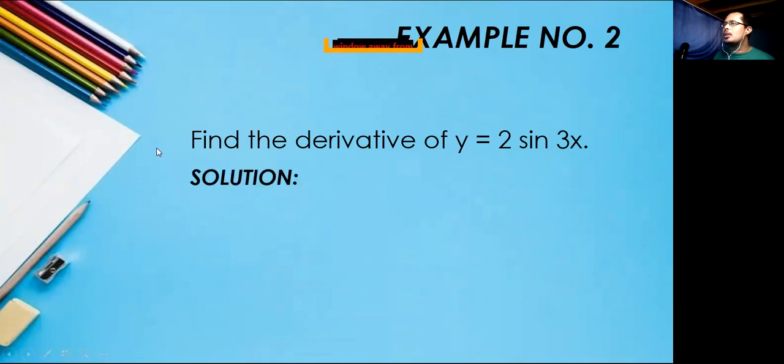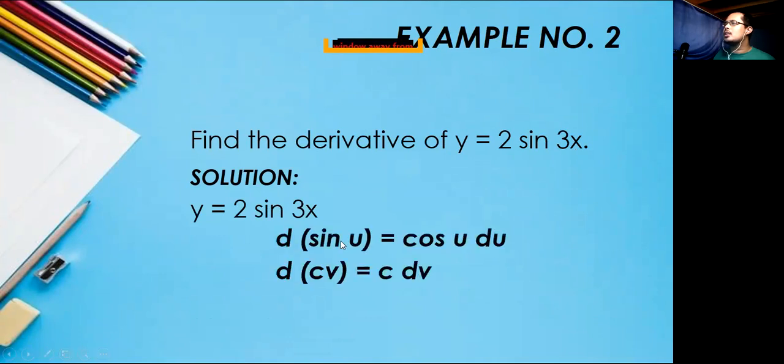Since we're going to deal with two formulas for one equation, we have the derivative of sine u, which is equal to cosine of u times du, and of course, the derivative of a constant times a variable, which is equal to c times the derivative of the variable.